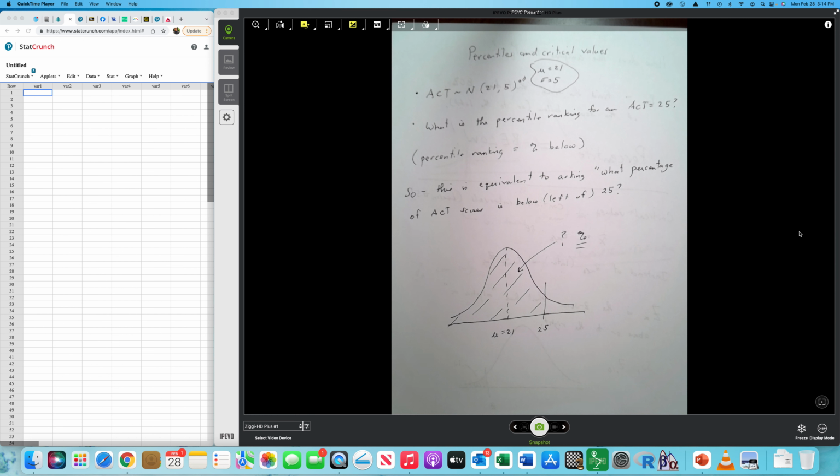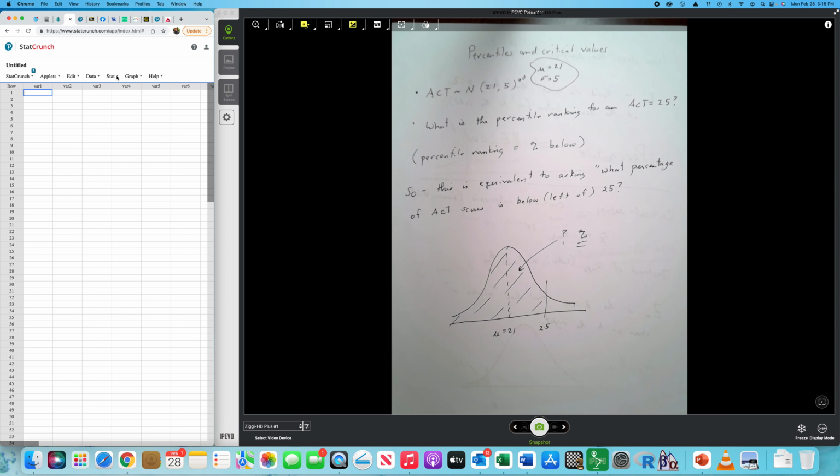When anyone asks for a percentile ranking, all they are asking is what is the percent below. Finding the percent below is the same thing as finding the area to the left. So percentile ranking, the area below, the area to the left of, are all asking the same thing. You can see the drawing I have down here for 25. I need to find the percentage below 25, to the left of 25, to get the percentile ranking.